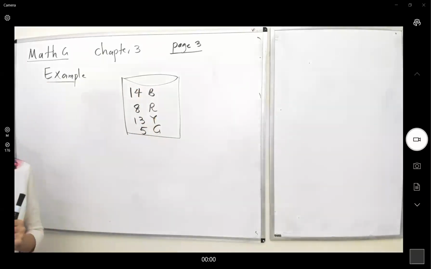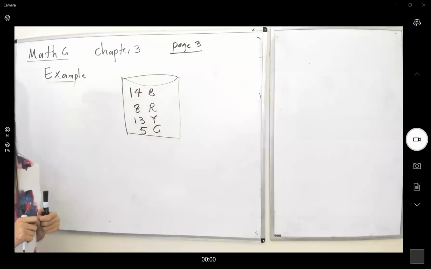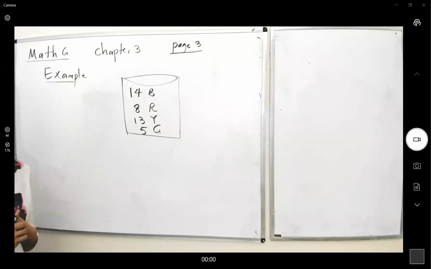So the question says, find the probability that when you take one jelly bean outside the jar, the probability is red or yellow.